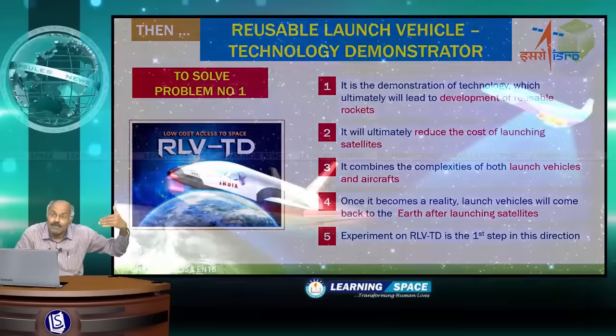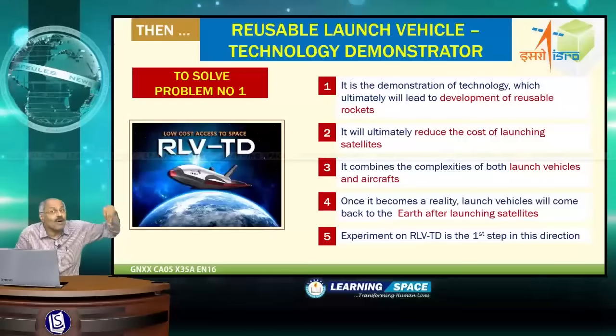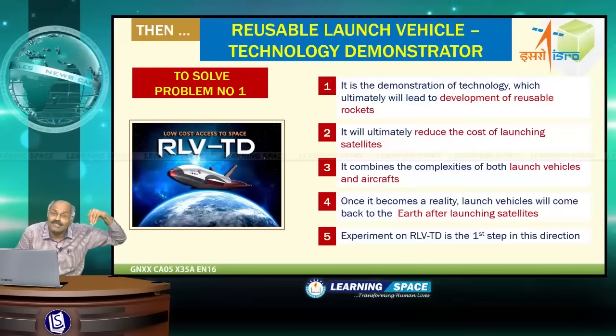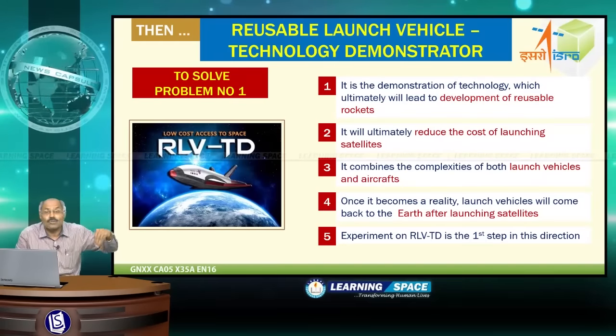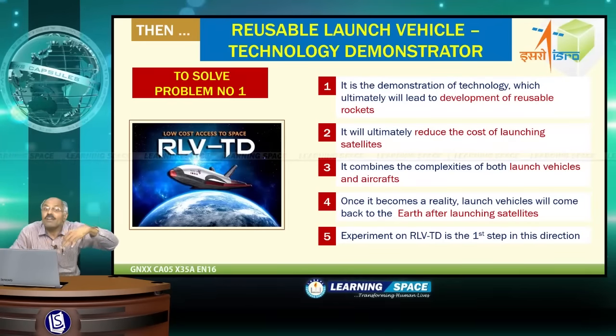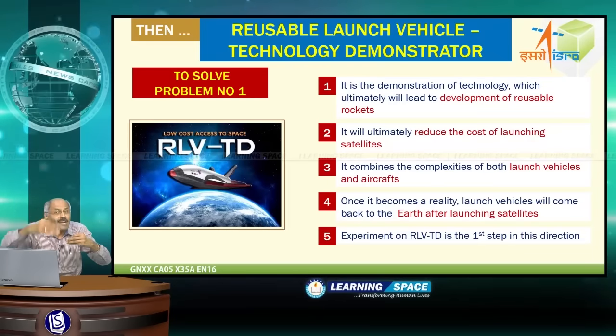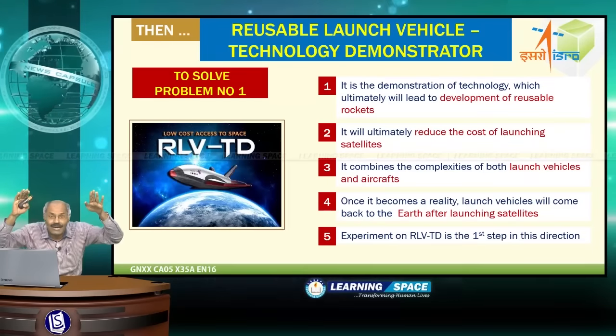Once it becomes a reality, launch vehicles will come back to Earth after launching satellites. So, the experiment of RLV TD is the first step in this direction. Once these experiments become reality, then we will have reusable launch vehicles, and the cost of launching satellites will come down.